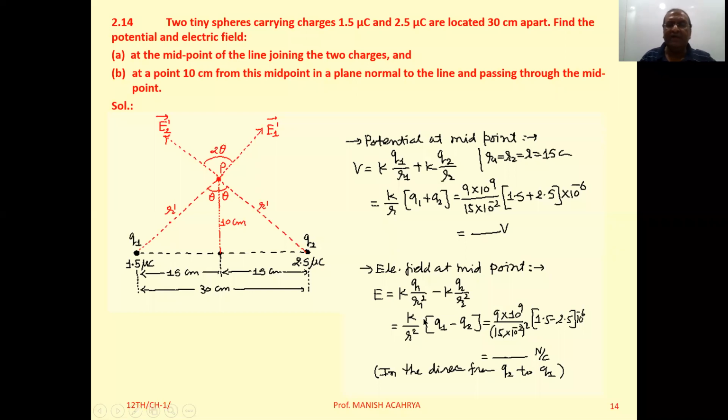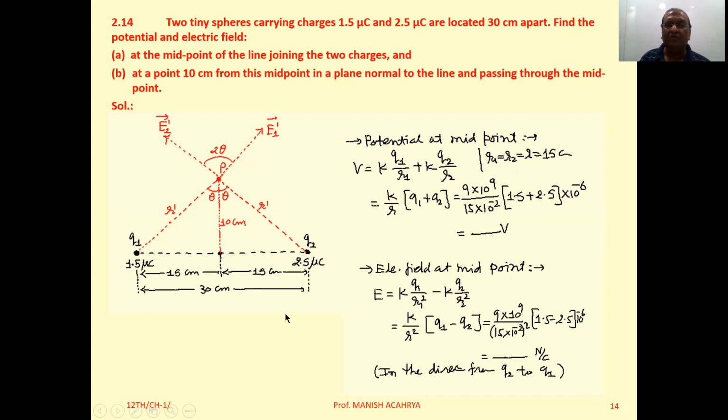Now substitute the values. k is 9 into 10 raised to 9, R is 15 into 10 raised to minus 2, square of it. Then Q1 minus Q2, so 1.5 minus 2.5 into 10 raised to minus 6. Solve this one, you will get the electric field.